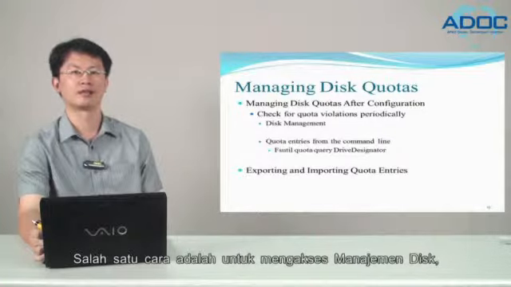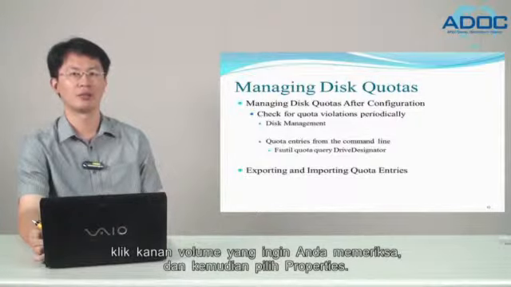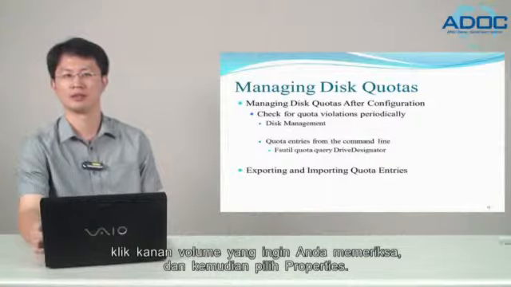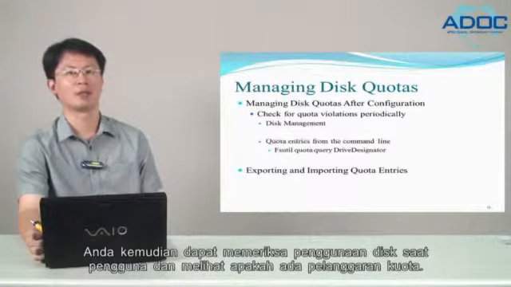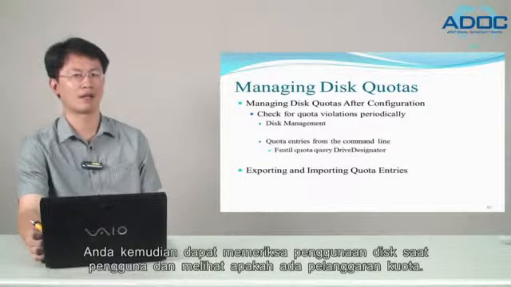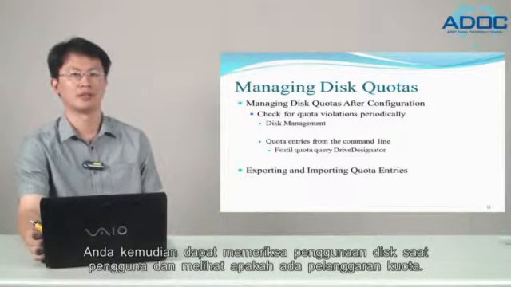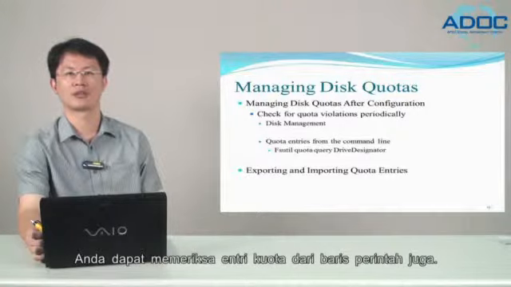One way is to access Disk Management, right-click the volume that you want to check, and then select Properties. You can then check the current disk usage of users and see whether there are any quota violations. You can check quota entries from the command line as well.